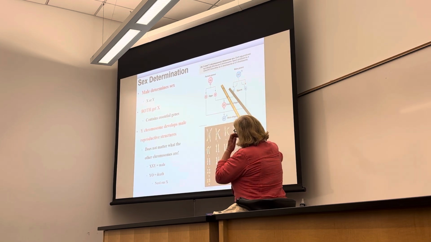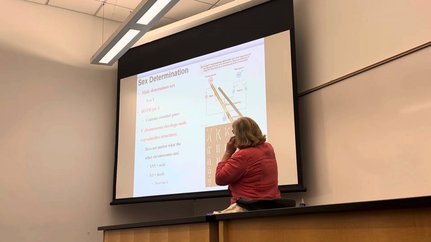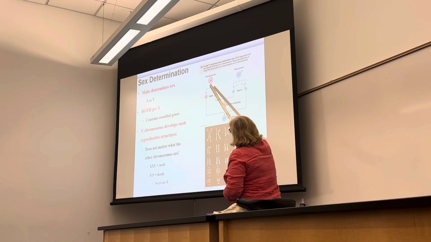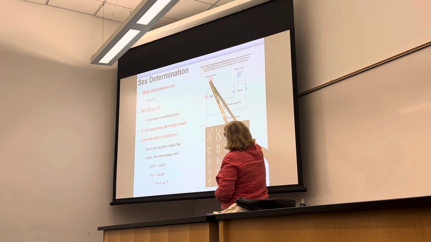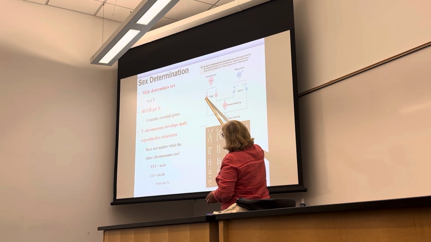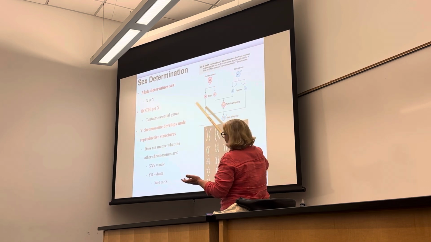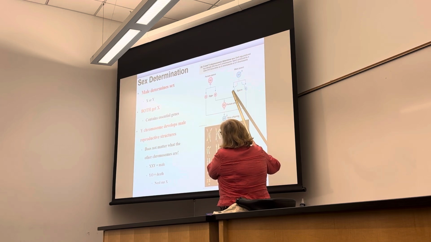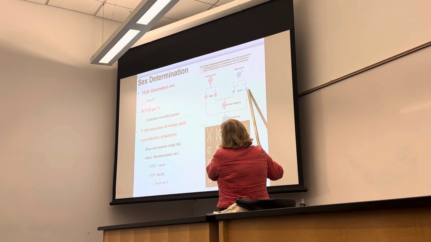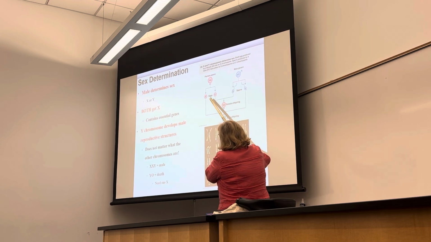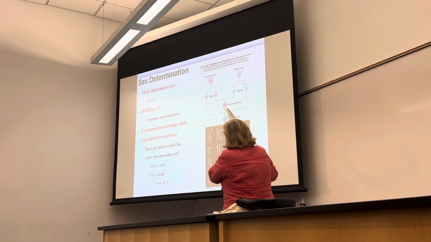And of course, during gamete development, when the cell divides, the female parent can only send an X chromosome, one X or the other X. There are no other choices, right? And then for the male parent, it could be X or Y. So if an X sperm fertilizes the egg, we're going to have a female offspring.